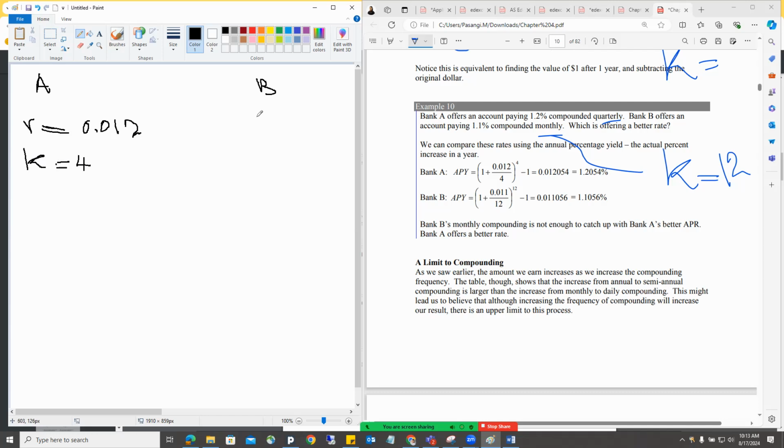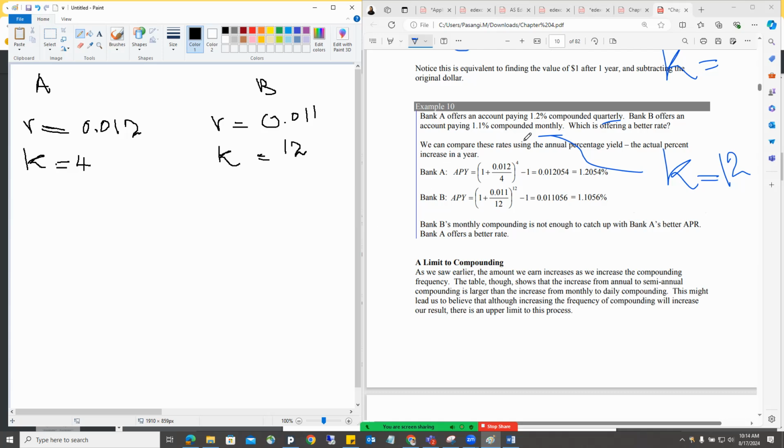For bank B, here we have the rate as 1.1%, that is 0.011, and there we have K as 12, because they are calculating the interest monthly, compounded monthly. So which is offering a better rate to the customer?